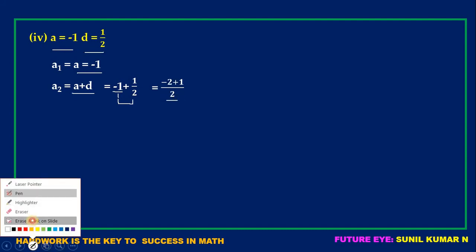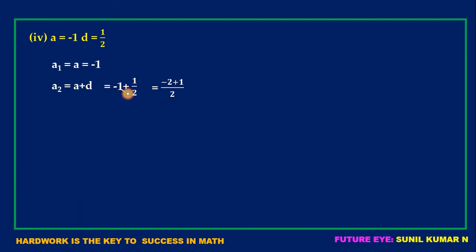Now do the cross multiplication. Minus 1 multiplied by 2, we get minus 2. And here as I said 1 will be there. 1 multiplied by 1 will get plus 1 only. Now write the denominator as it is. Here minus 2 plus 1 gives minus 1. Therefore the answer is minus 1 by 2.